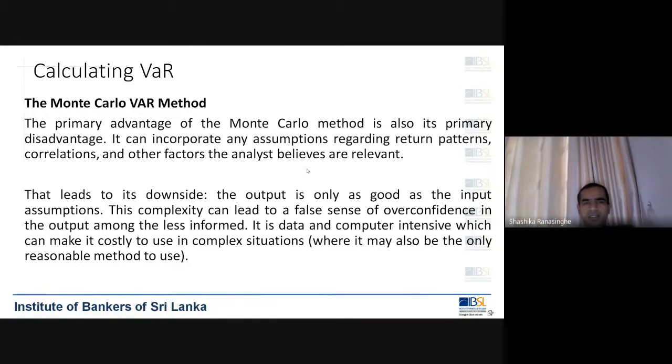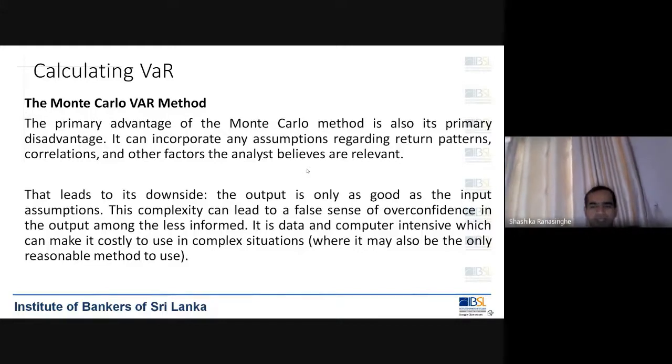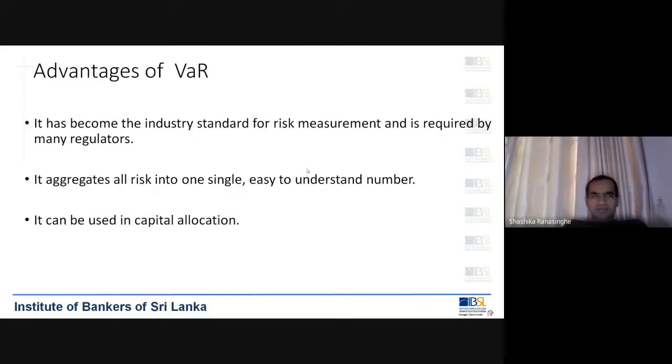That leads to its downside. The output is only as good as input, right? Which means garbage in, garbage out. This complexity can lead to a false sense of overconfidence in the output amongst the less informed. It is data and compute intensive, which makes it costly to use in complex situations where it may be the only reasonable method to use. Right? So it requires a huge investment.